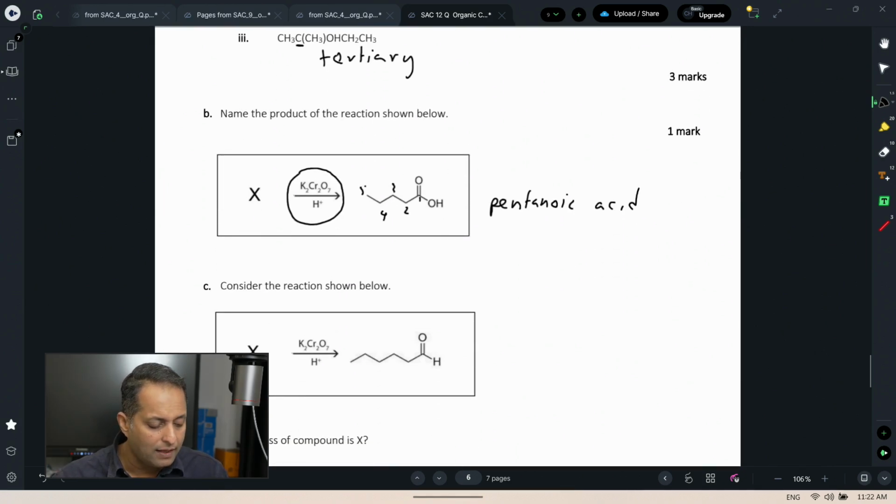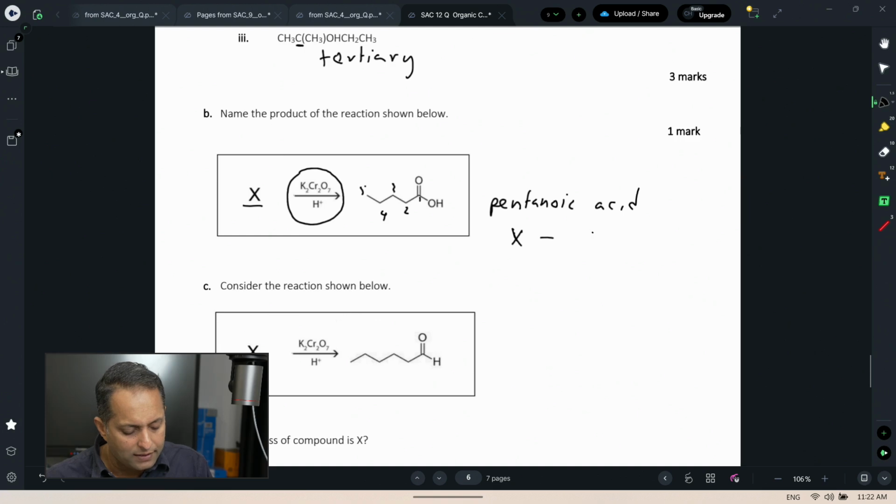Given X, it should be a primary alcohol, depending on what your teacher thinks. In a weaker situation, I think you should be given marks for both.